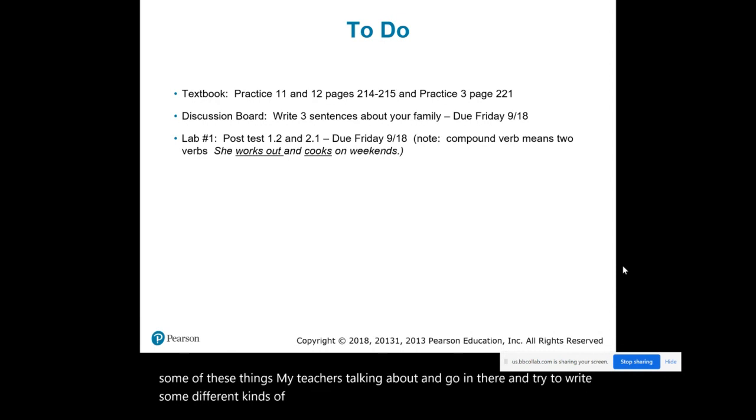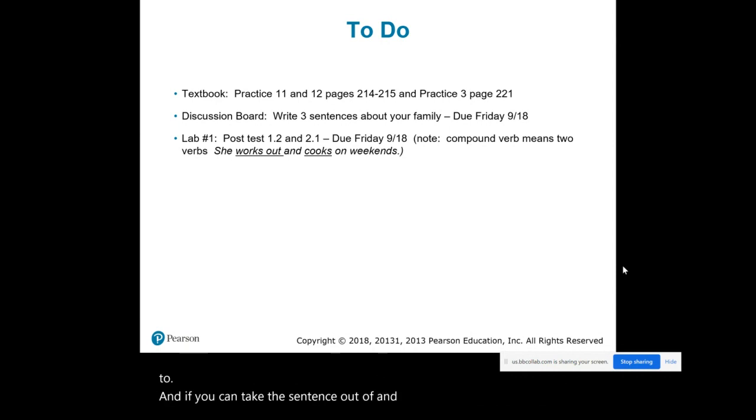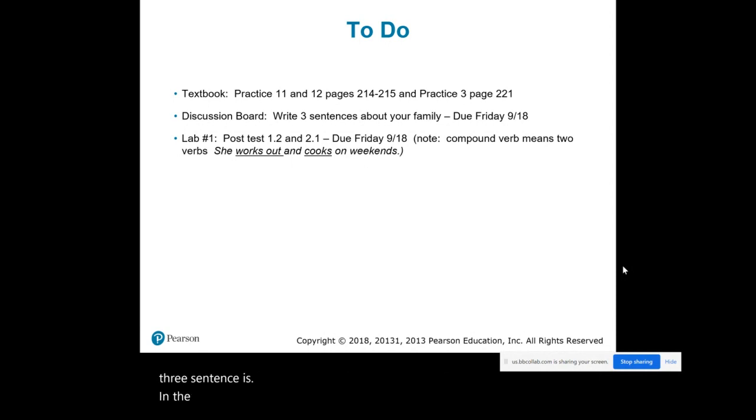You can even take your journal if you want to and see if you can take a sentence out of that and correct it and put it in the discussion board. Whatever you want to do is fine with me. I just want sentences in the discussion board by Friday, and I will correct those and give you the feedback by Sunday night. So before our next class.